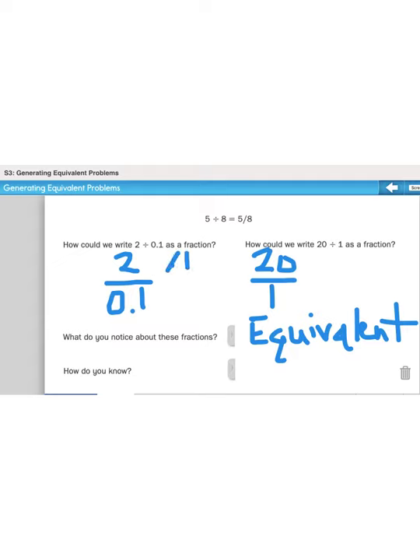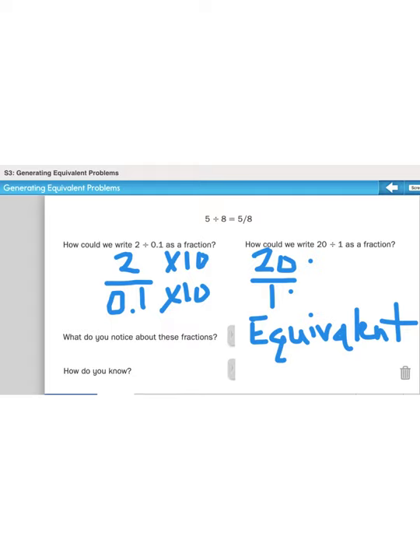So if I multiply both of these numbers by 10, 2 times 10 is 20, and 10 times 1/10 is 1. So that's how we know they are equivalent problems that can have the same answer. Creating an equivalent problem can be useful when solving decimal division problems. Today we're going to apply what we know about equivalent fractions to generate equivalent problems.